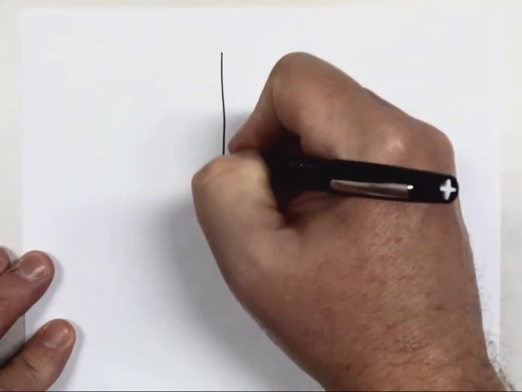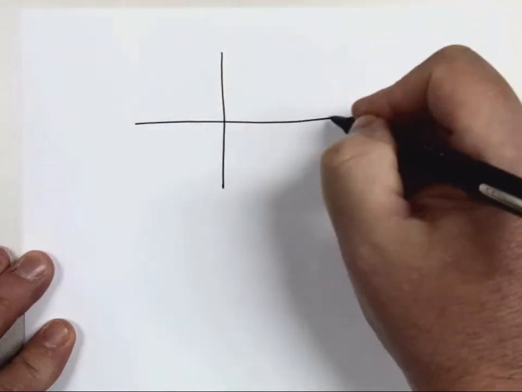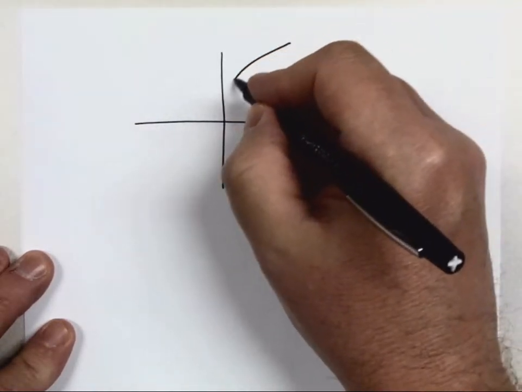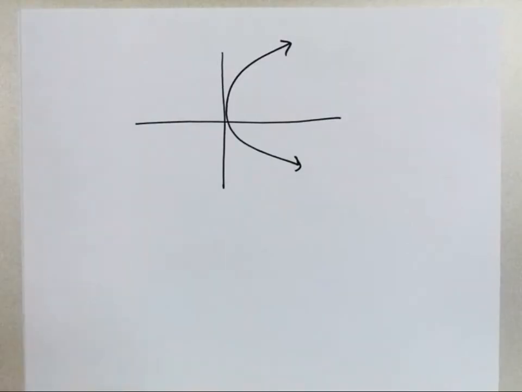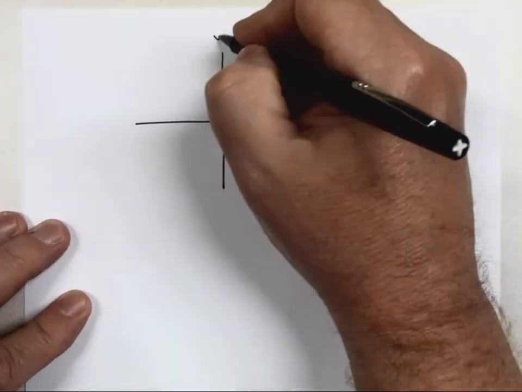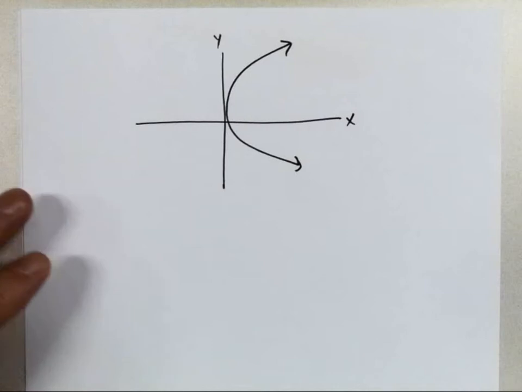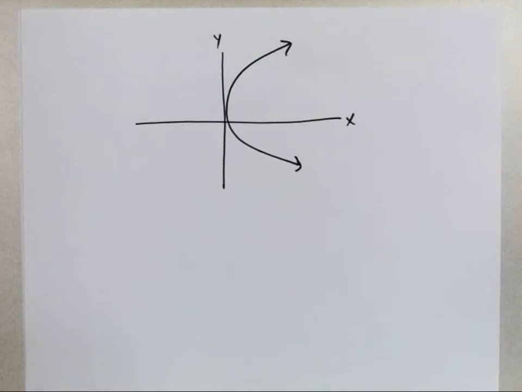However, let's look at whether this is a function or not. What if we had sort of a sideways parabola? So we're given this relationship, this graph, and we're asked, is it a function?